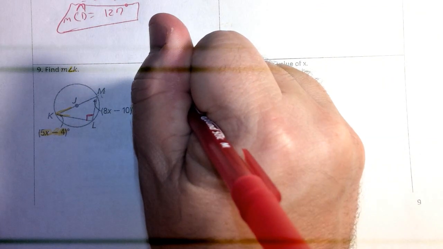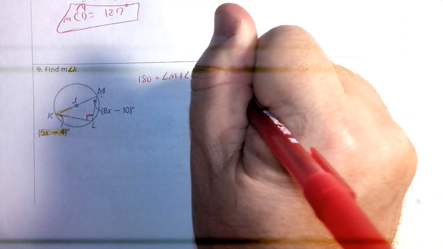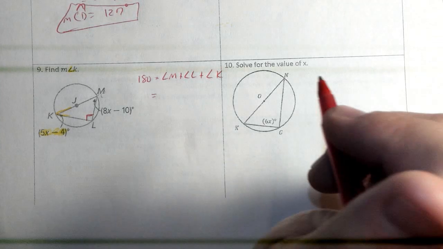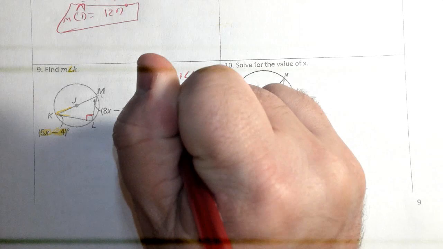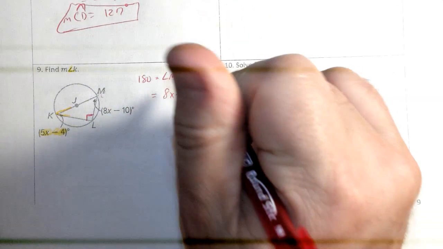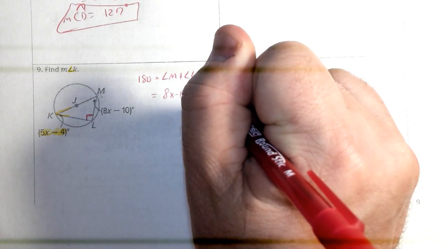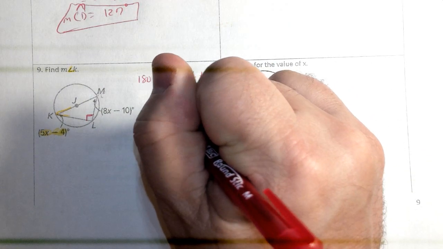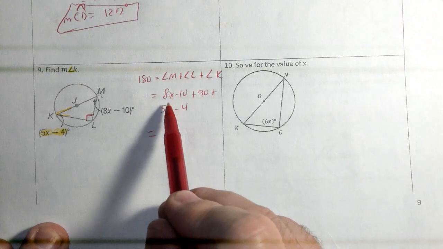I'm just going to put angle M plus angle L plus angle K. M is 8x minus 10 plus L is 90 plus K is 5x minus 4.